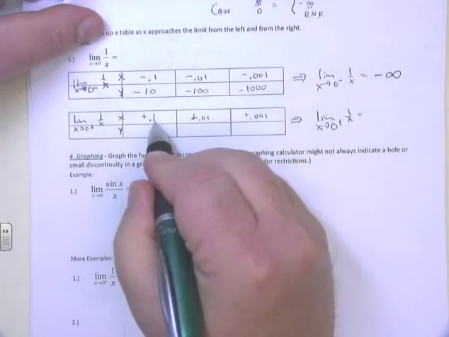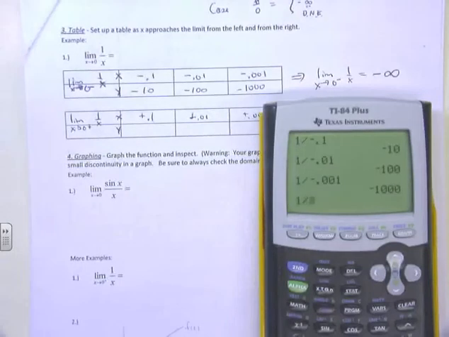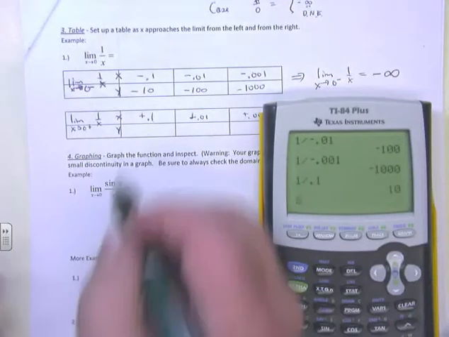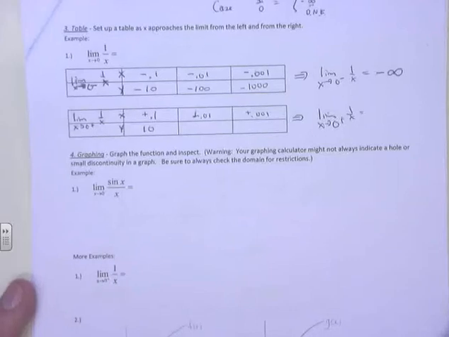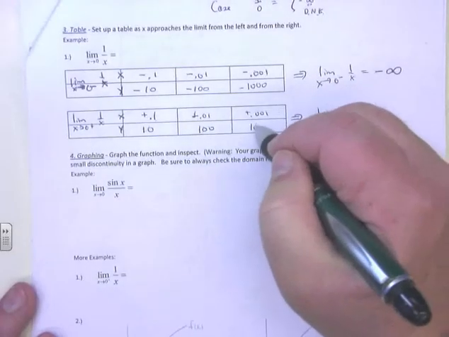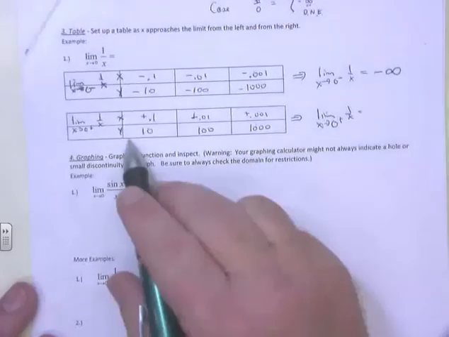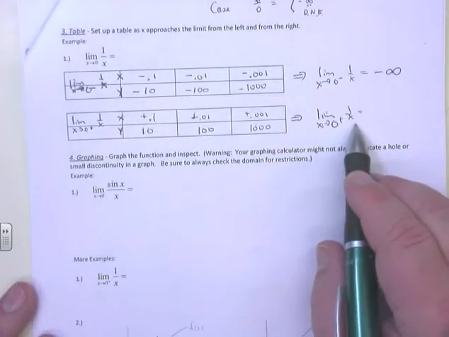So when I plug in 0.1, well, I'll do it on the calculator if you really want me to. 1 divided by 0.1 is 10. I don't think I need a calculator for the rest of them. What's 1 divided by 0.01? 100. And 1 divided by 0.001? 1,000. So, as you take the limit as x approaches 0 on the plus side of this guy, what are we getting?